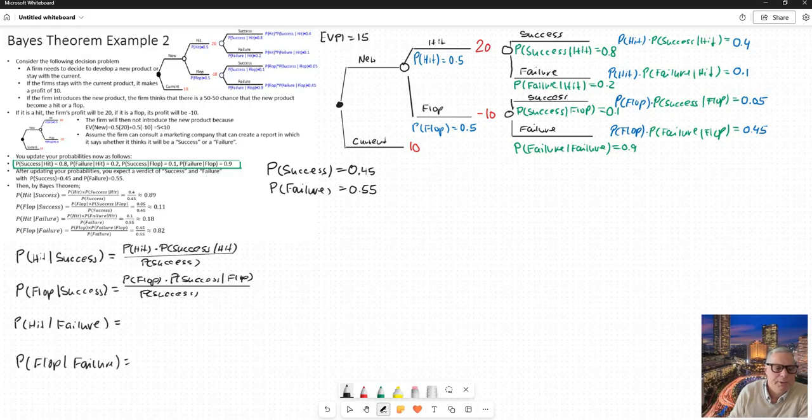And here, probability of hit times probability of failure given hit over the probability of failure.